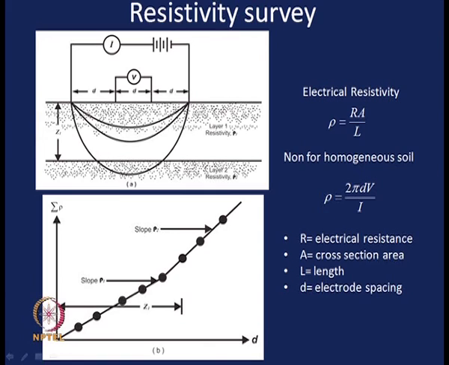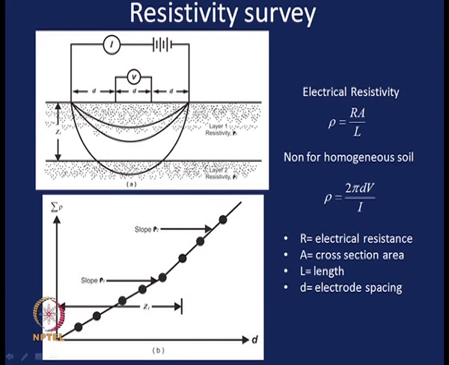Once we get the resistivity for a particular spacing, we sum all the resistivity that we have calculated and plot this graph. So, for a particular D, the corresponding summation of the resistivity can be plotted here.